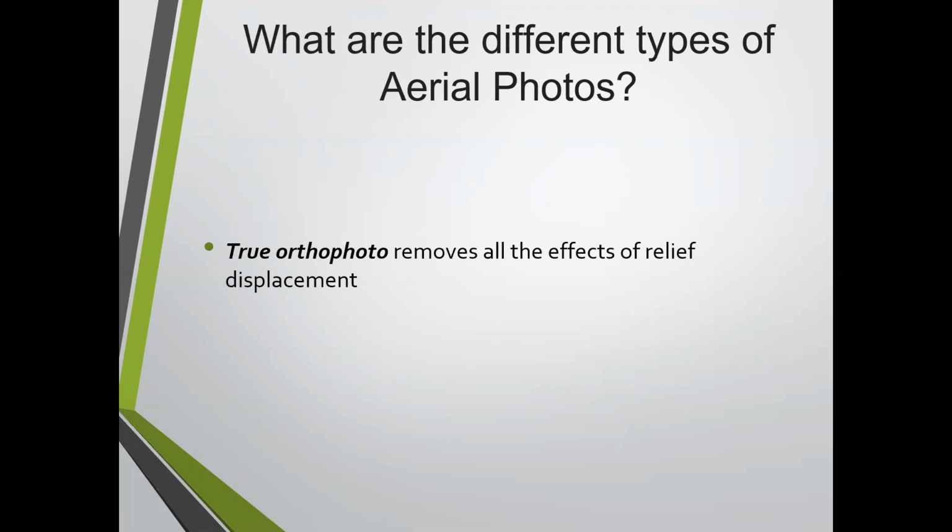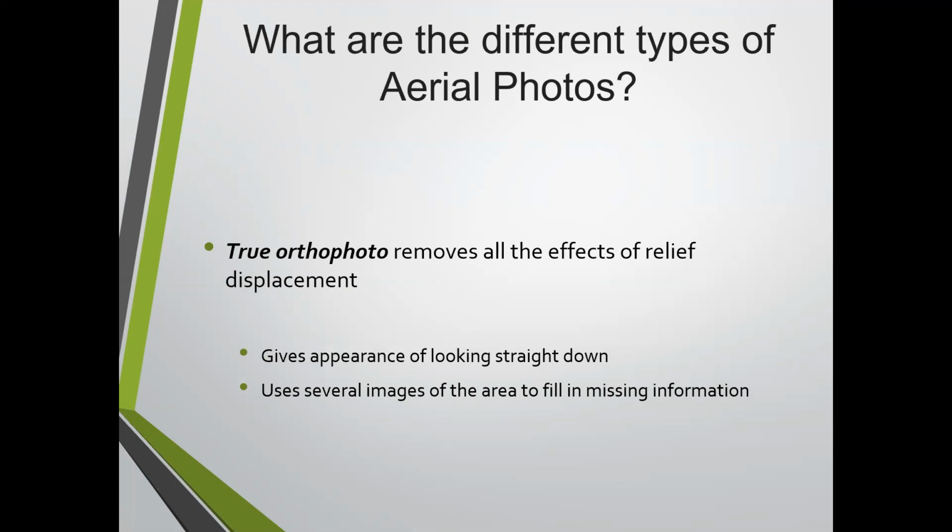So a true orthophoto removes all the effects of relief displacement. And it gives you the appearance of looking straight down, but everything's not bending. So it uses several images to fill in missing information.